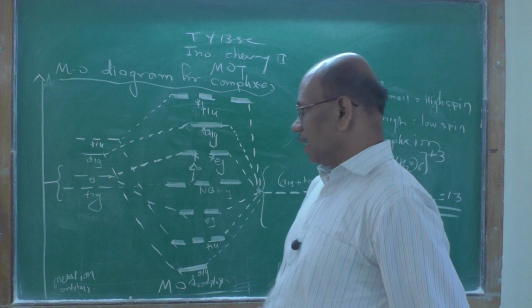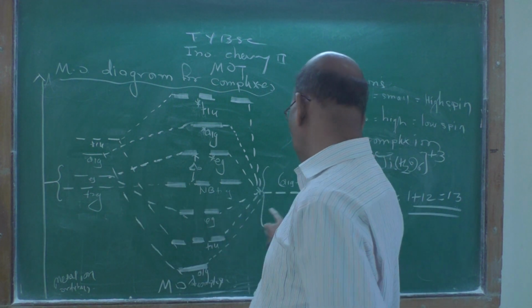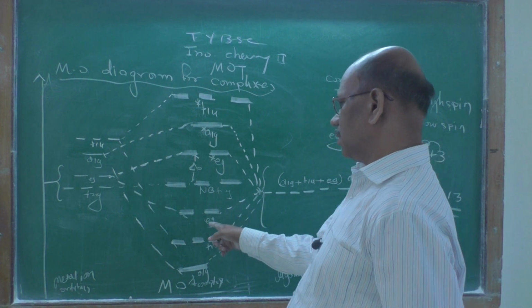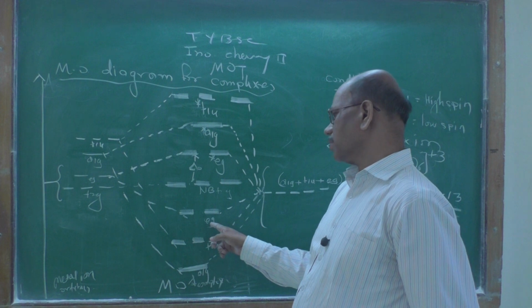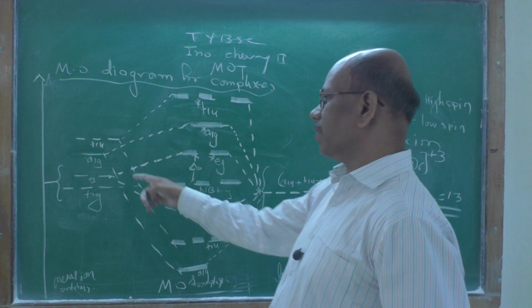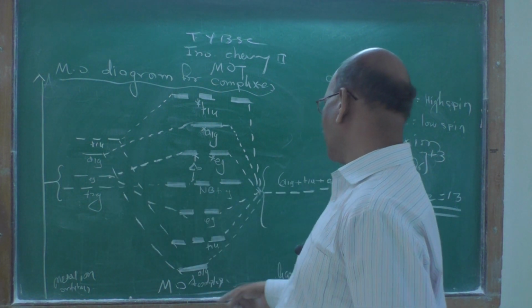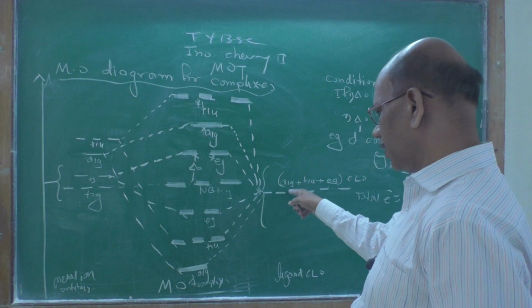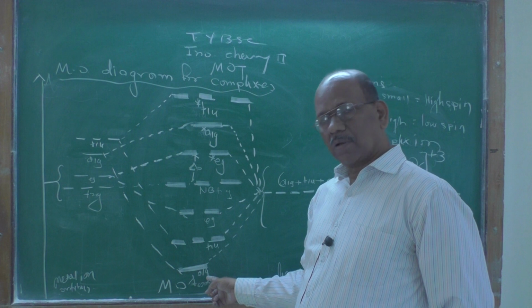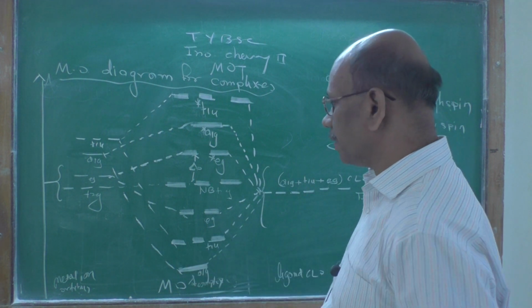Now, Eg orbitals on the metal combine with Eg composite ligand orbitals, forming bonding Eg orbitals and anti-bonding Eg orbitals. Similarly, the A1g metal orbital, the s orbital, combines with the A1g composite ligand orbital and forms A1g molecular orbitals for the complex. T1u is triply degenerate.